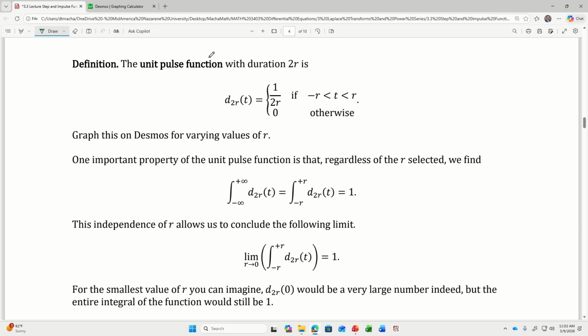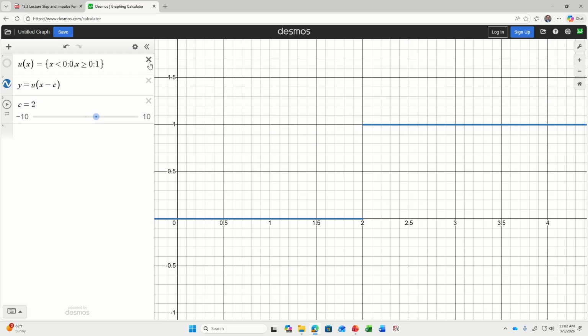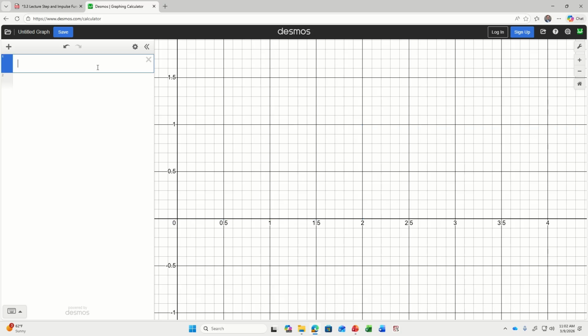I'll show you it on Desmos. This function is 1 divided by, and I can't use r on Desmos because it thinks lowercase r is a radius, a distance from the origin in polar coordinates. And so I have to use a capital R. But it's 1 over 2r for negative r less than x less than r.